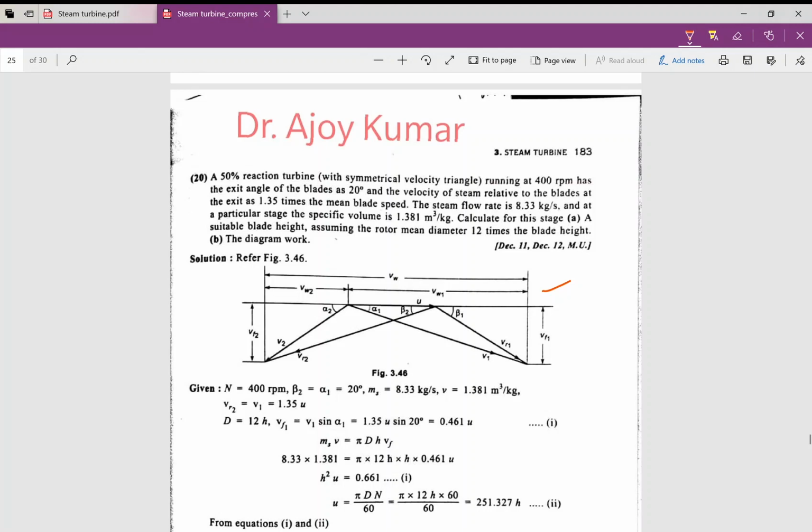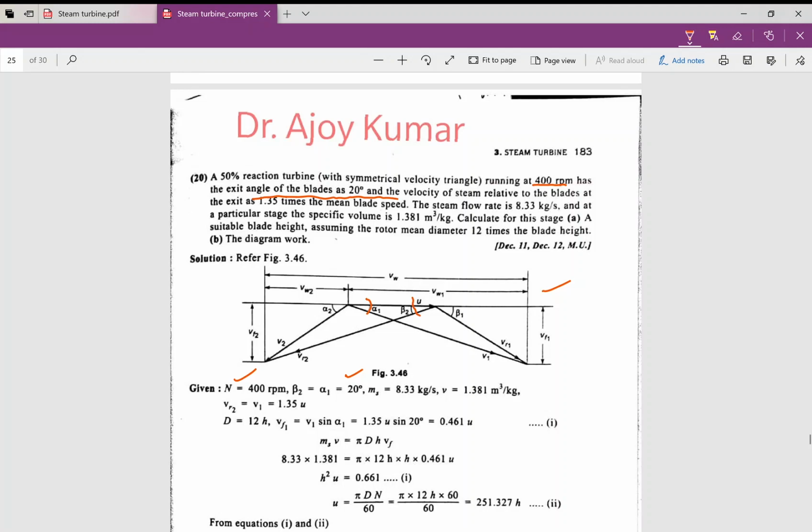Clearly mentioned: a 50% reaction turbine with symmetrical velocity triangle running at 400 rpm, value of capital N given as 400, has the exit angle of blades as 20 degrees. Now let me clarify once again. Dear students, please remember that in a reaction turbine, inner angles are equal.